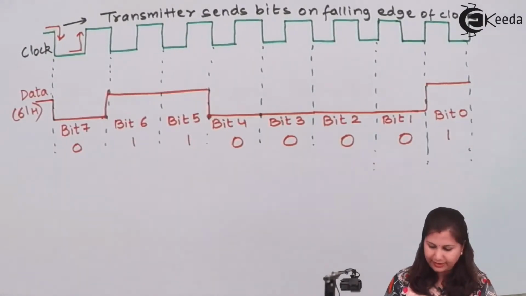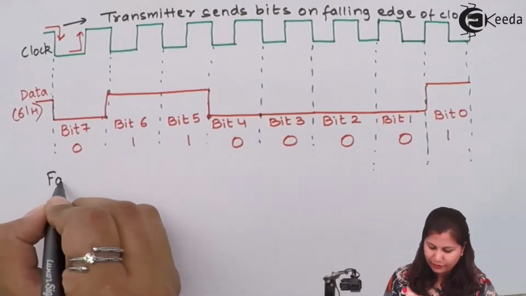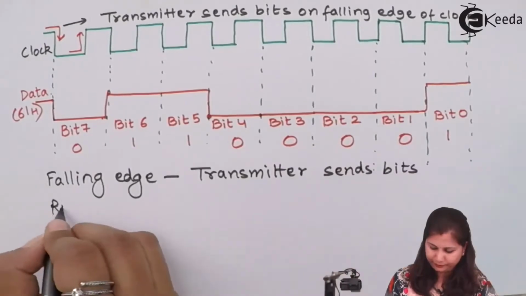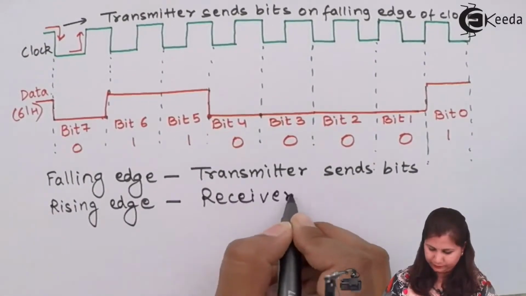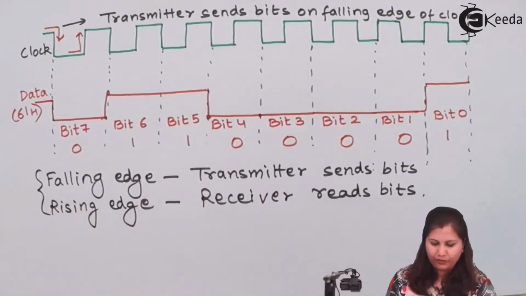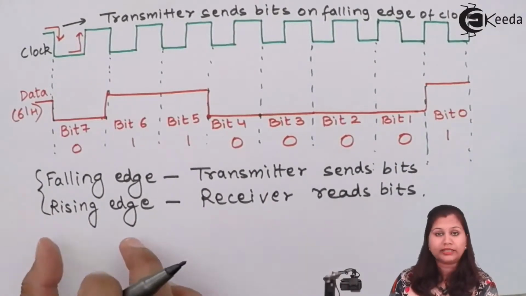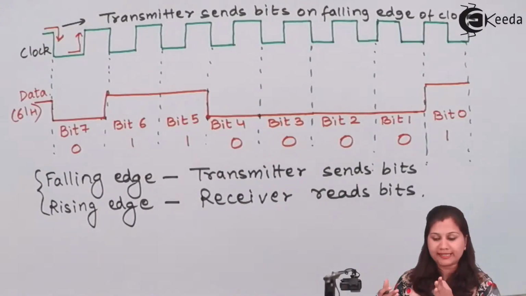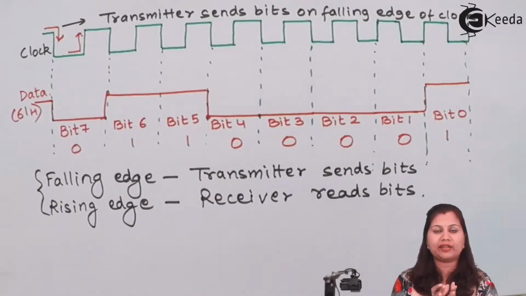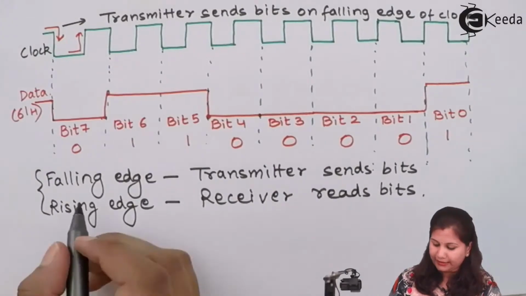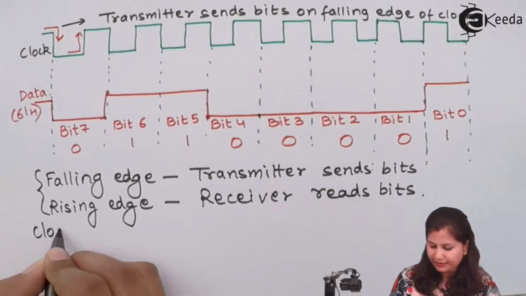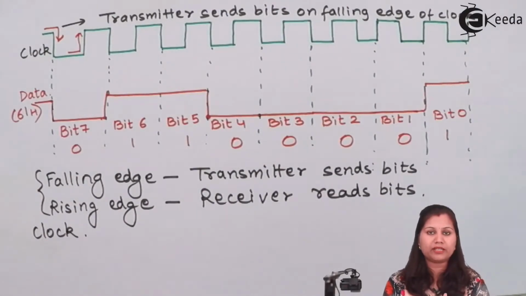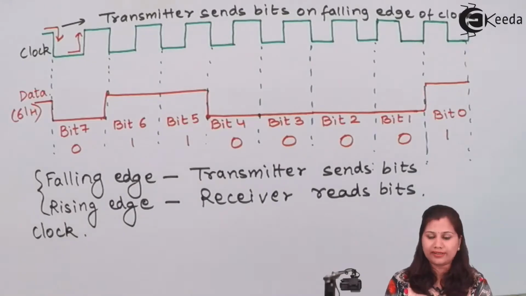So we can say that here at falling edge, all the information about where the data is beginning and where it is ending is there with the clock pulse, and these falling edge, rising edge, these are related with the clock. So in this way, a synchronization is made between the sender and the receiver.